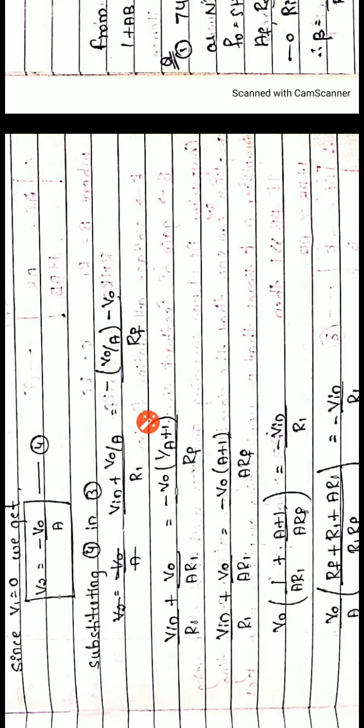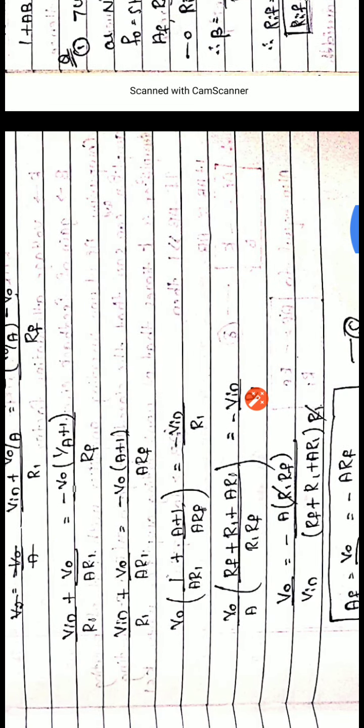The next thing, I will take the LCM for this, this becomes 1 plus A divided by A. Okay, so that is done here in this expression. So now I will take this V0 to the LHS side and I will bring this Vn by R1 to the RHS side. So what happens, here V0 becomes common in this, so V0 into 1 divided by AR1 plus A plus 1 divided by ARF equals to minus Vn by R1.